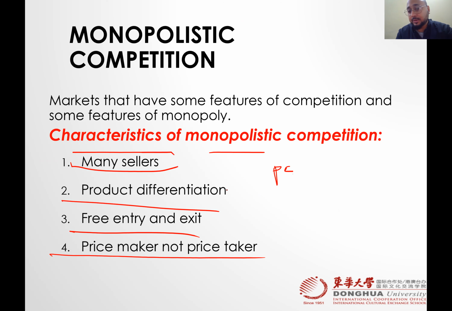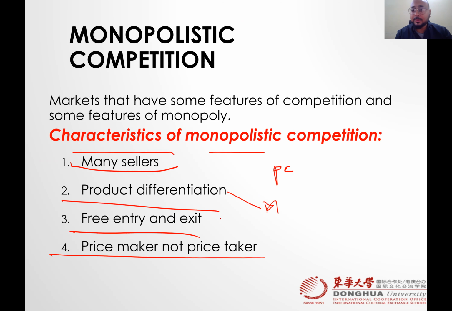Product differentiation, unique products, this feature is for monopoly, right? Ownership of key resources, right? Understand how monopolies are created? Three ways: government-created monopolies, economies of scale, and the goods are unique, right? So this feature is for monopoly.